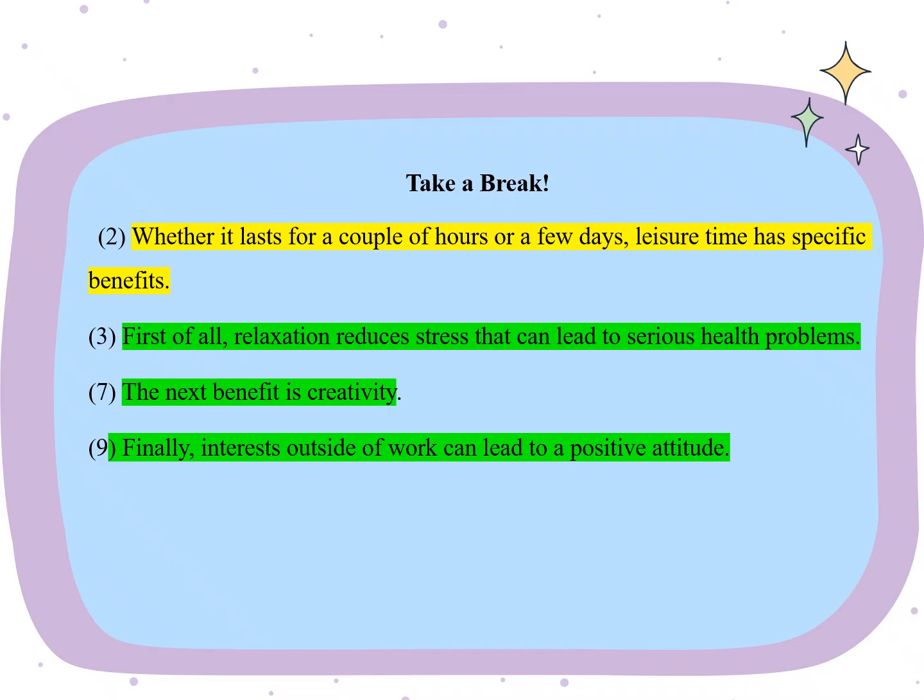Okay, here are the three main point sentences. Sentence 3, sentence 7, sentence 9. So now we need to find the key meaning, or the key words for each main point sentence.